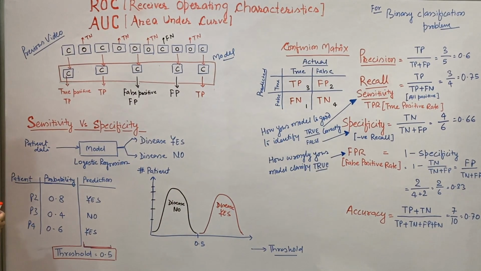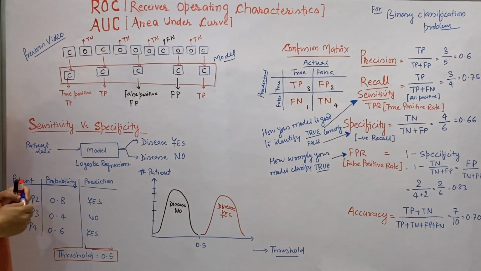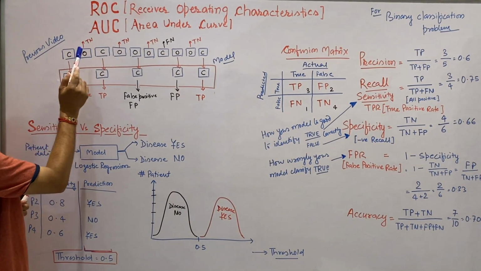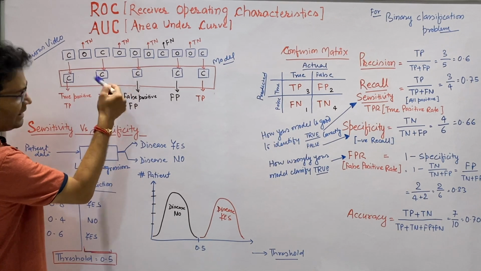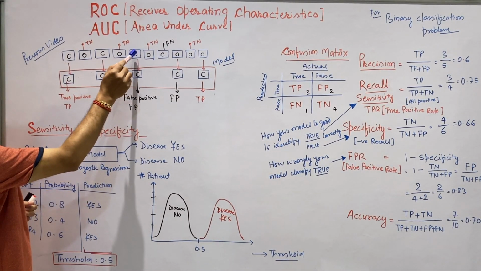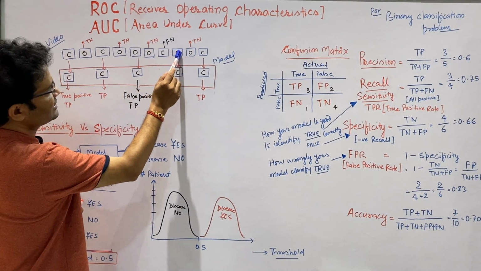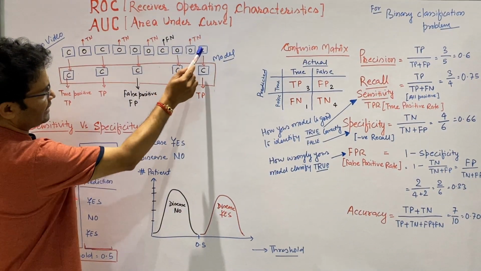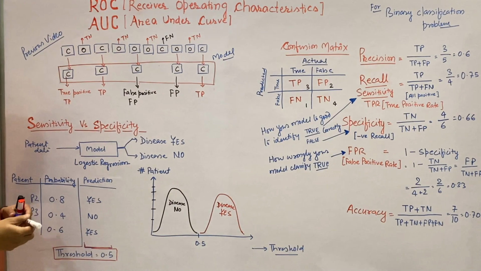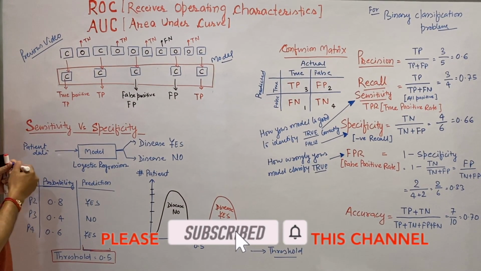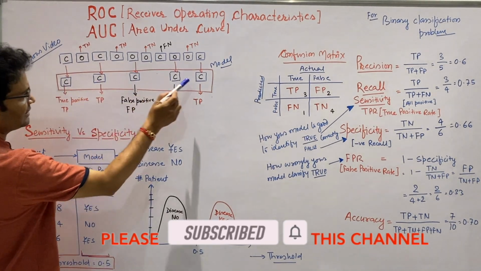Your model is able to recognize this cat and this cat, but it also says this one is a cat when it is not. And again here, this is not a cat, but the model says cat. Your model is able to find 3 correct ones: this cat, this cat, this cat.